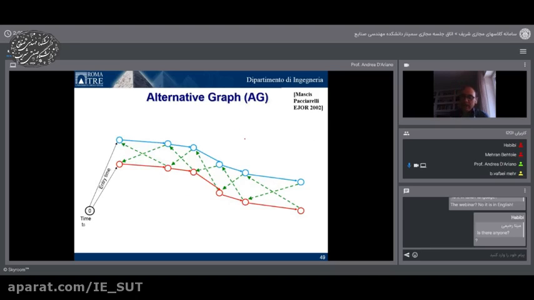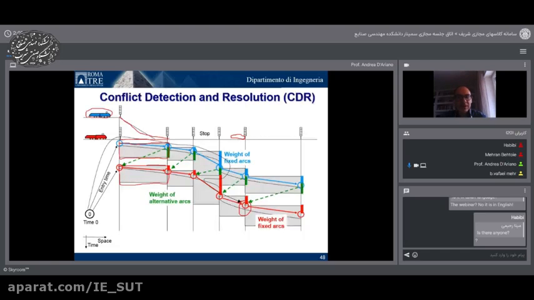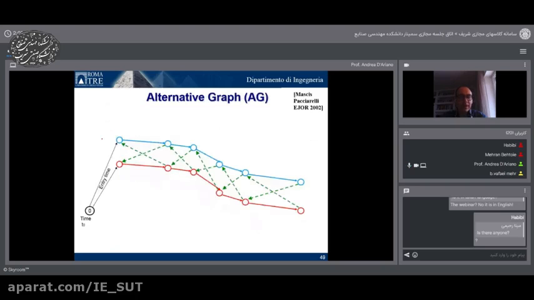So how can we not just simulate traffic flows, but also optimize traffic flows? To optimize traffic flows, we need to reintroduce the decision. Who goes first, the blue or the red? This is introduced by a pair of alternative arcs. So you can see not just the green going from the blue to the red, but we introduce both, also the one going from the red to the blue.